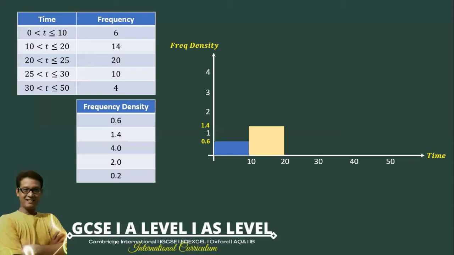So we have to define the bar from 20 to 25. Is it clear to you? Once again, for the third bar, the frequency density is 4.0 and the time interval from 20 to 25.